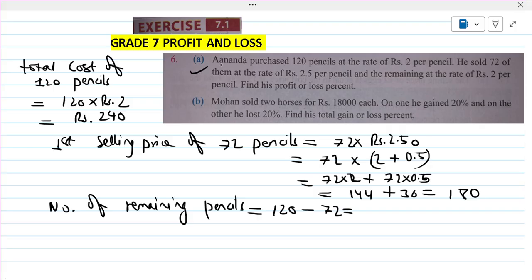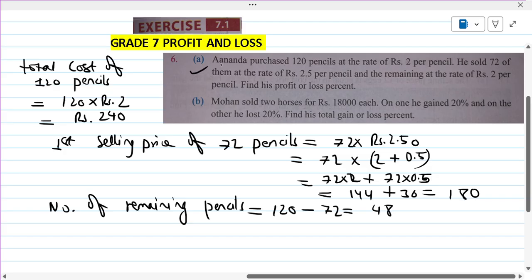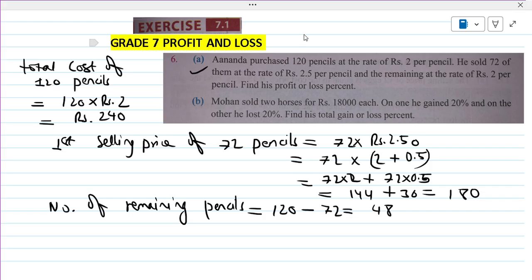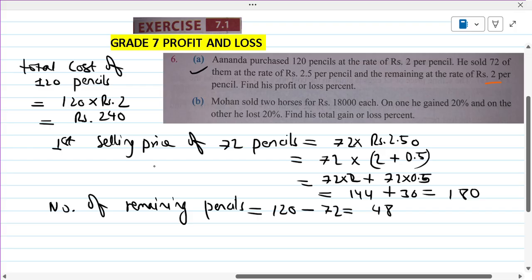So 120 minus 70 will be 50. Again subtracting 2, we get 48. So 120 minus 72 is 48. And these 48 remaining pencils have been sold at the rate of rupees 2 per pencil. It is said here. So let's find the selling price of the remaining 48 pencils.